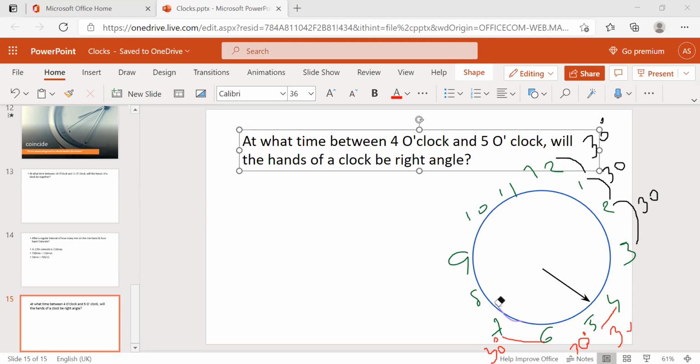In 4 and 5, what we got as the time exactly at a right angle is 4:38, 2 by 11, right?